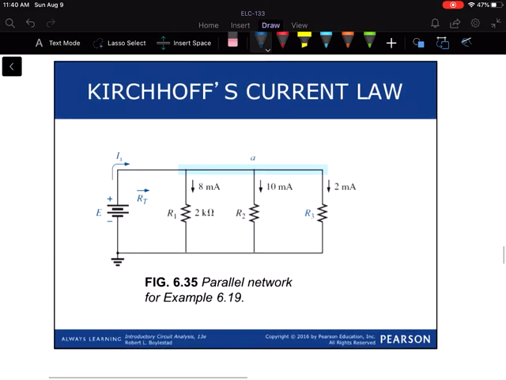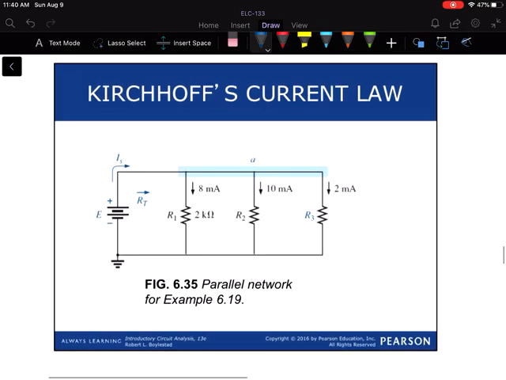Now let's talk again about Kirchhoff's current law. Kirchhoff's current law says that the sum of the currents entering a node is equal to the sum of the currents leaving the node, right? Current that comes in has to go out somewhere. So if A is our node right here, as we're showing, A is the node, what do we have?